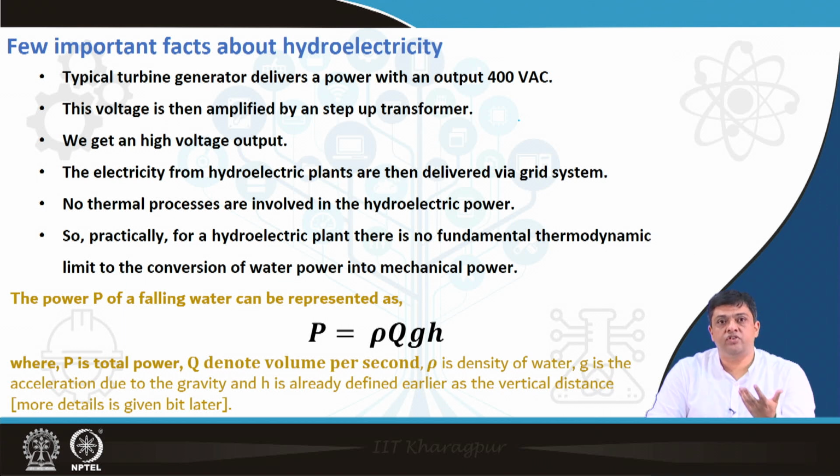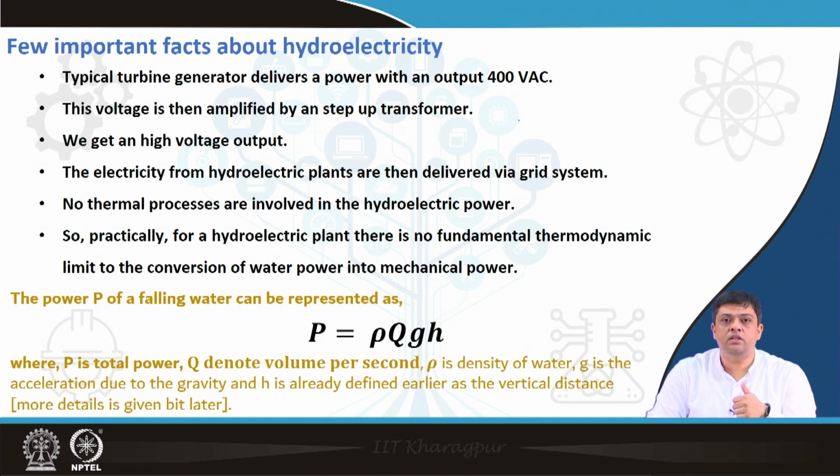The electricity from hydroelectric plants can be sent to various power stations which are connected in the grid system. Mostly you do not relate any thermal processes, and practically for a hydroelectric plant there is no fundamental thermodynamic limit to the conversion of water power into mechanical power.